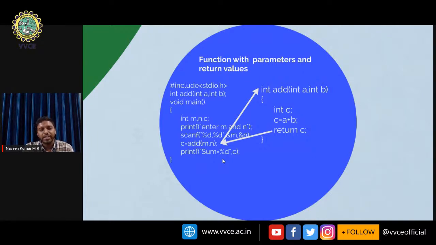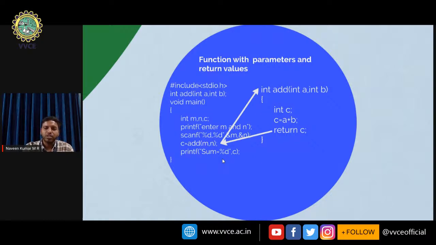Say for example, you read 5 and then 6, that is m value is 5, n value is 6. Then a is going to take 5 and b is going to take 6.